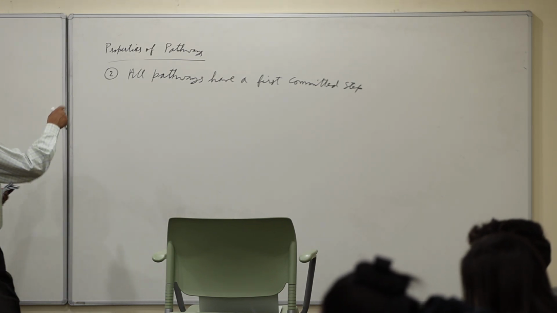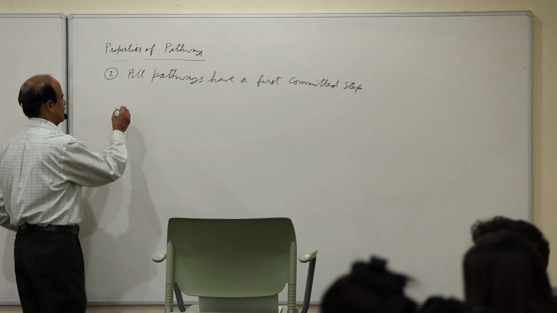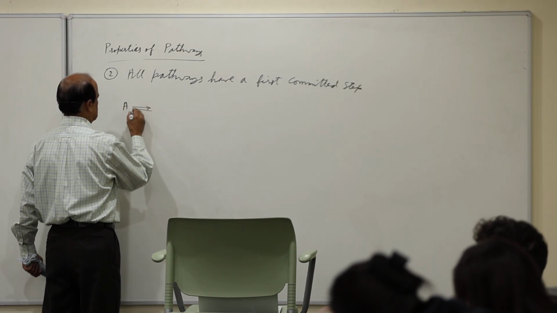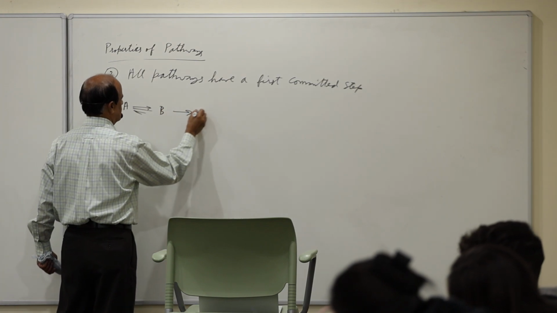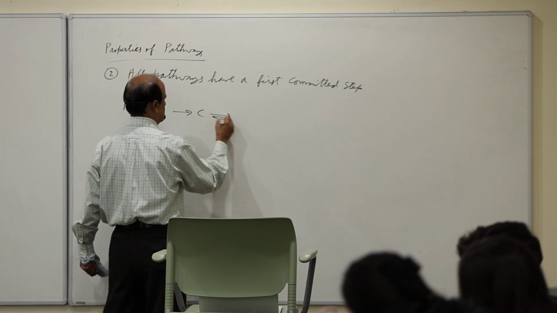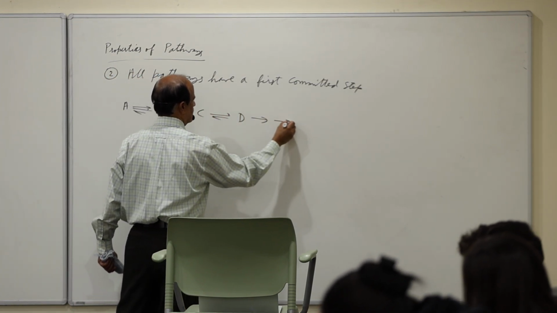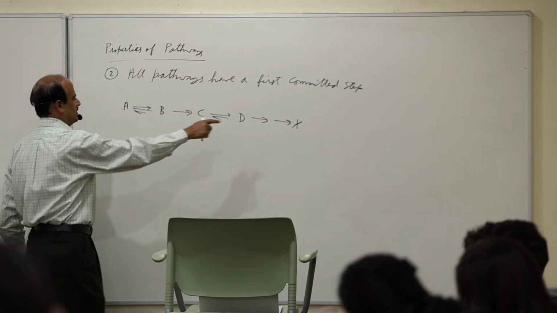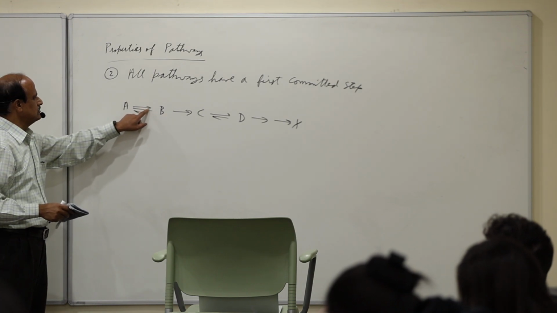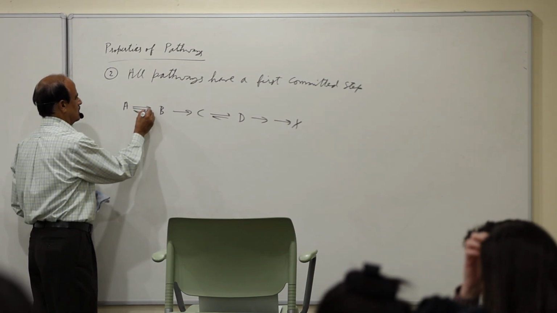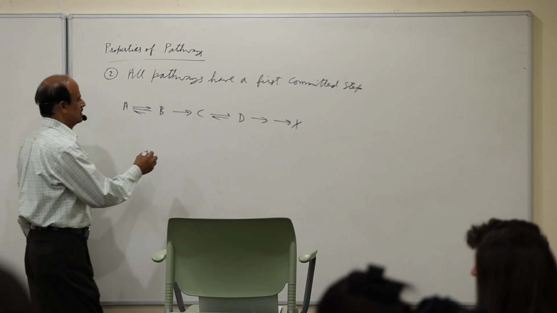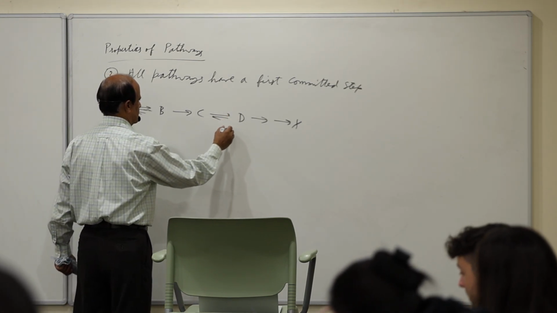So all pathways have a first committed step, which means if you have A to, let's say, B, so you are going from A to X, and these are the steps. And there can be a branch. So let's say there is a branch.